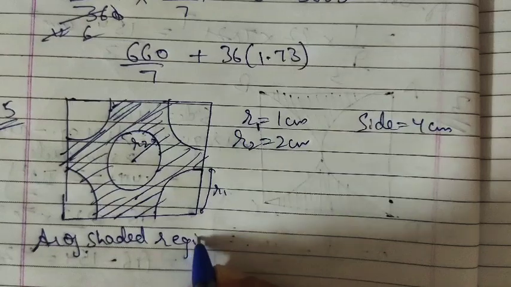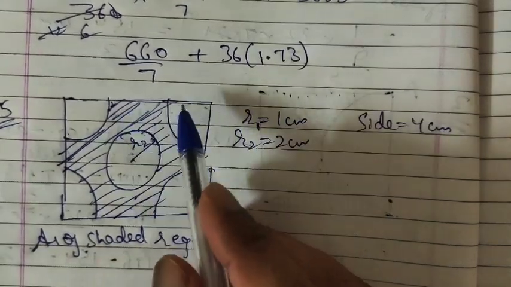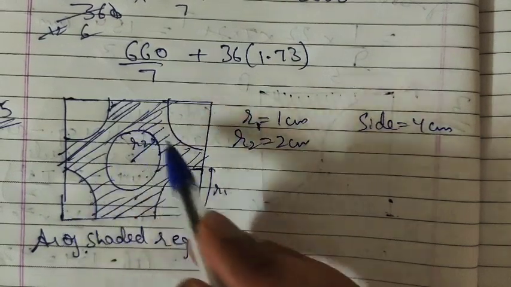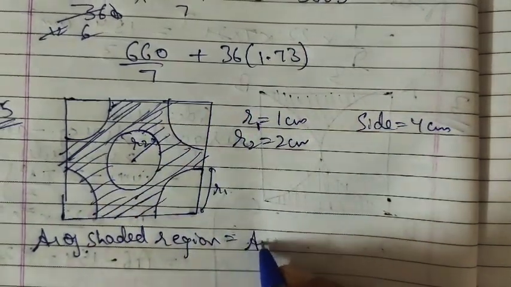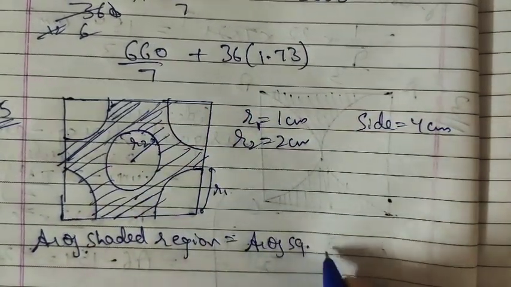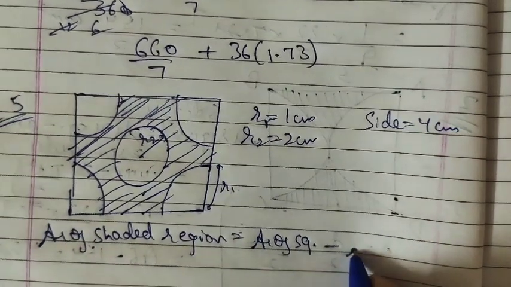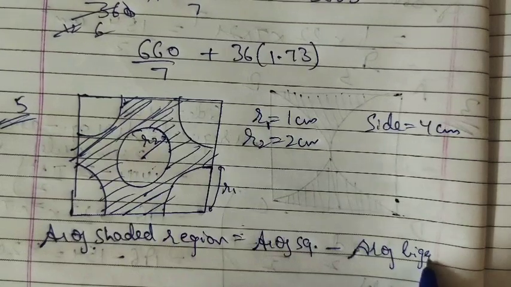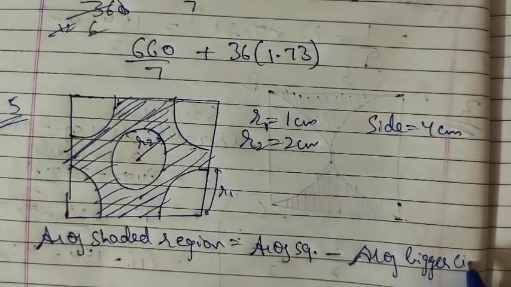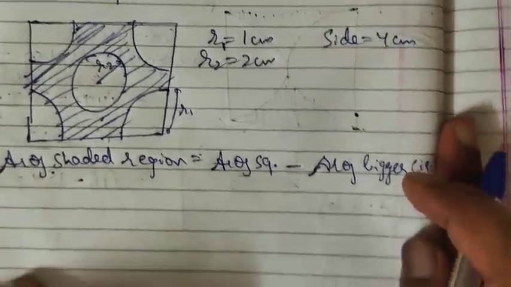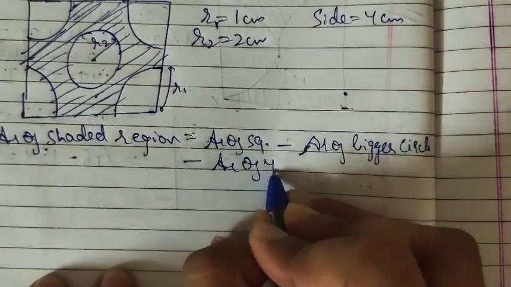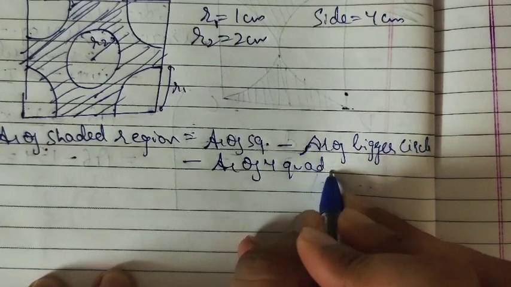Think logically what you have to do. Area of shaded region will be area of square minus area of this circle minus area of 4 quadrants, right? So area of square minus area of bigger circle minus area of 4 quadrants, right?